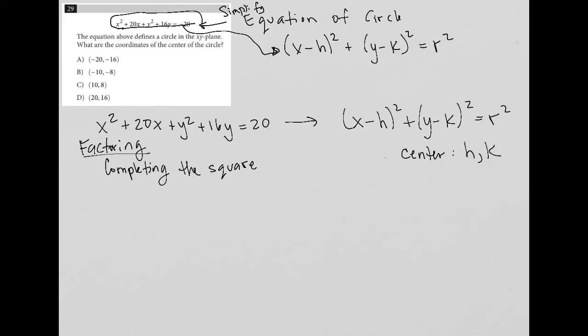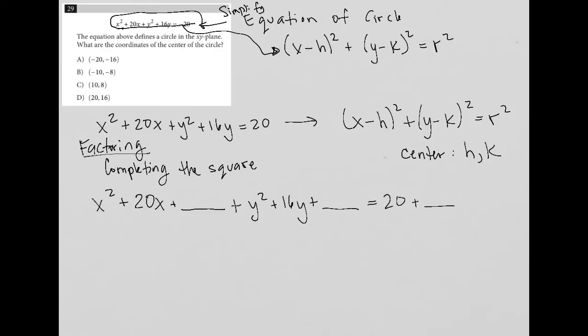So the first thing I'm going to deal with is my x's. So I have x squared plus 20x. What I'm going to do is I'm going to have plus, put a space here, and then deal with my y's. So I have plus y squared plus 16y plus space, and then equals negative 20 plus, I'll say space.